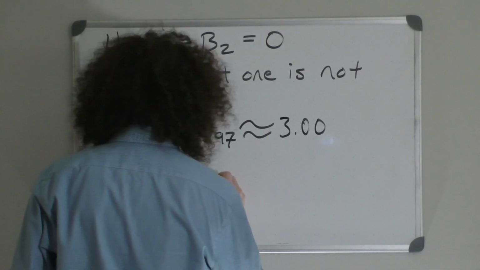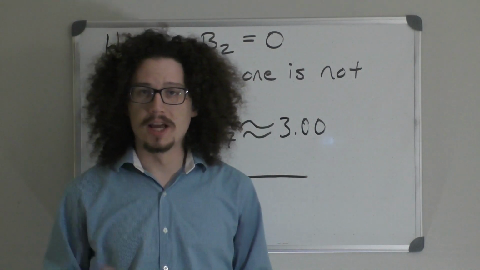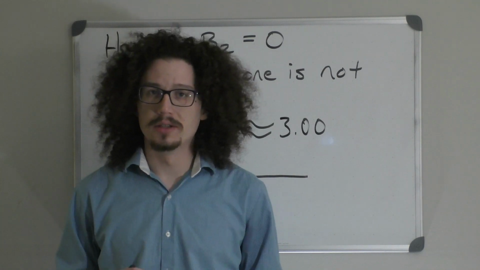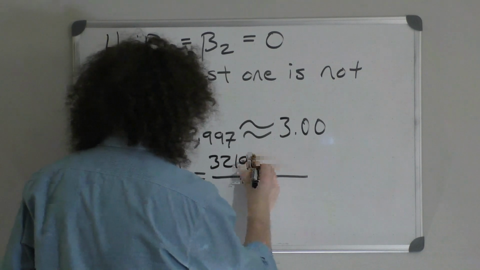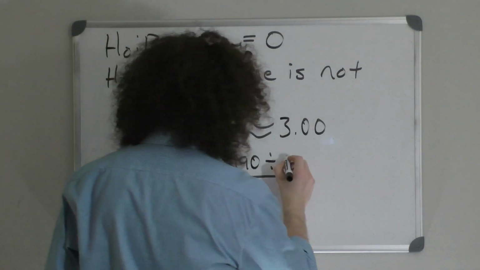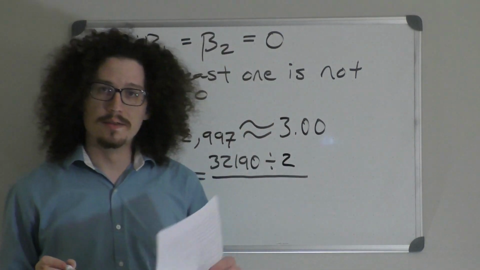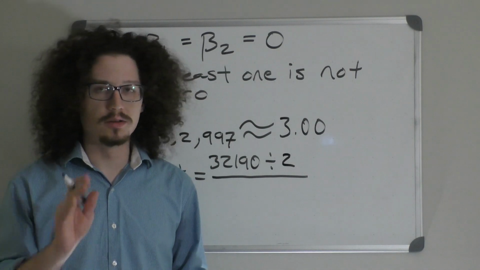Then we will calculate our F-stat. In the numerator, it's going to be our SSR, which is 32,190. We're going to divide that by k, which is 2.